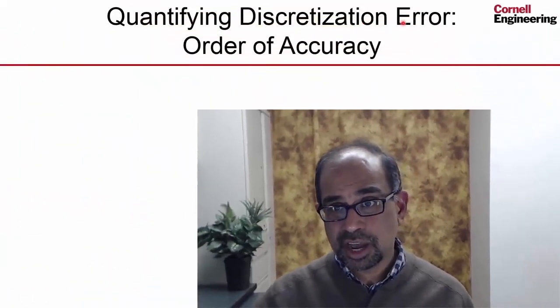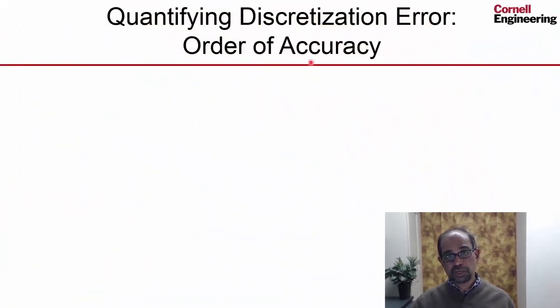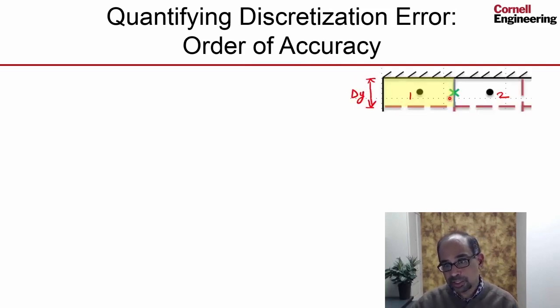Here I'm going to discuss quantifying the discretization error, which brings up a very important idea, the order of accuracy of the discretization scheme. And to explain this, I will go to the channel mesh that we had and focus on these two cells, cell 1 and cell 2.